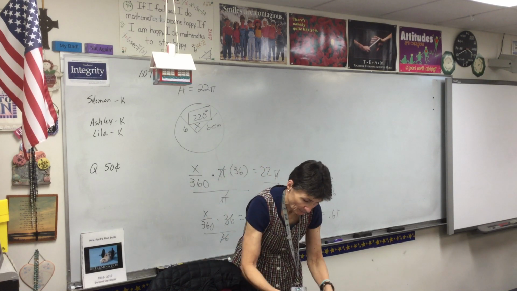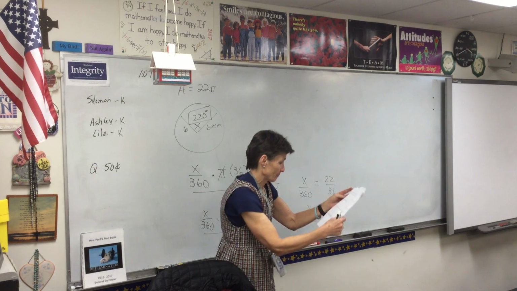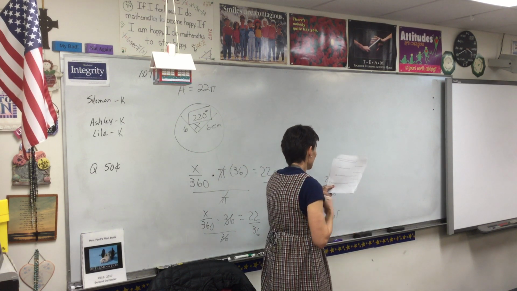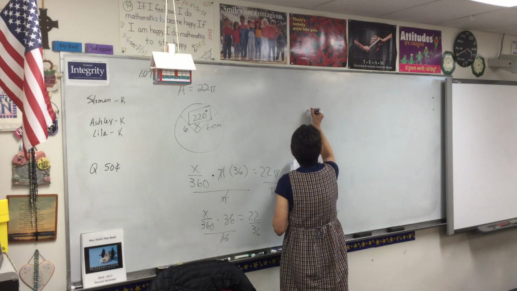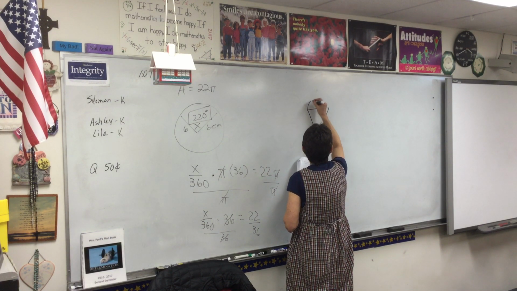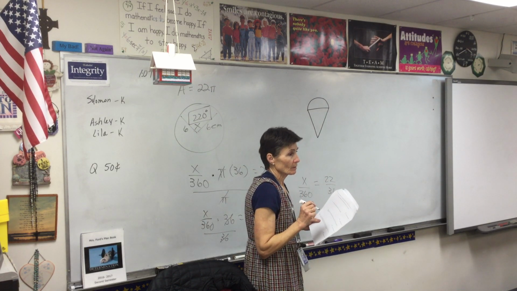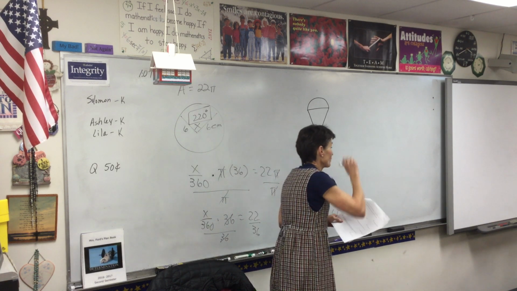Let's see what we got over here. All right, the volume of an ice cream cone. So now this is a cone, an ice cream cone. So remember, that's a two-piece situation. When I say ice cream cone, I mean there's a cone with ice cream on top of it.